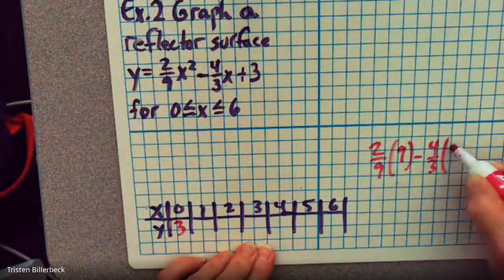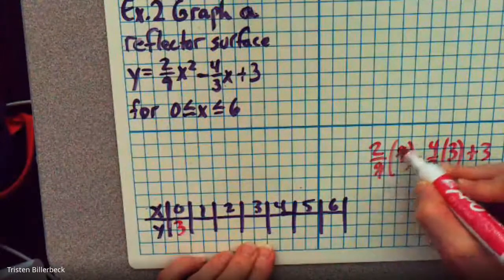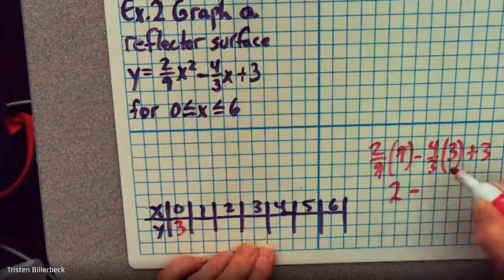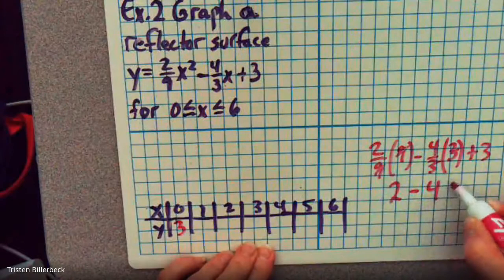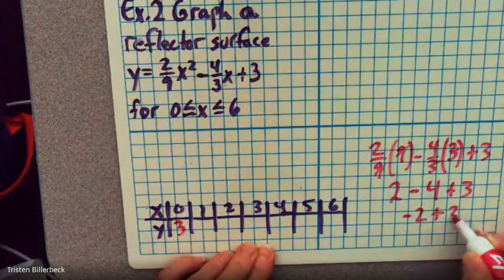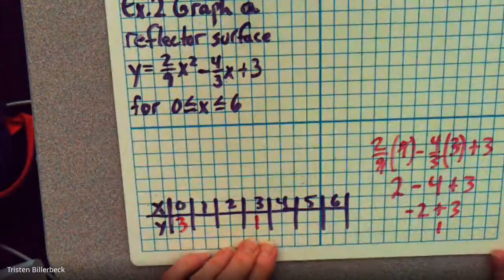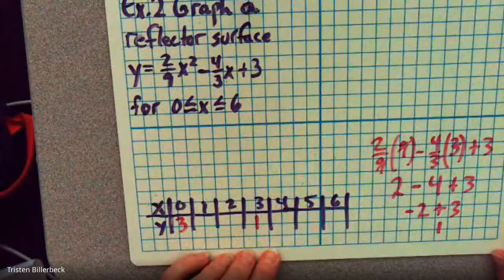Are you seeing why I chose that one? Okay, so that is 2 minus 4 plus 3. So we have negative 2 plus 3, which is 1. Are you getting why I chose 3 now?